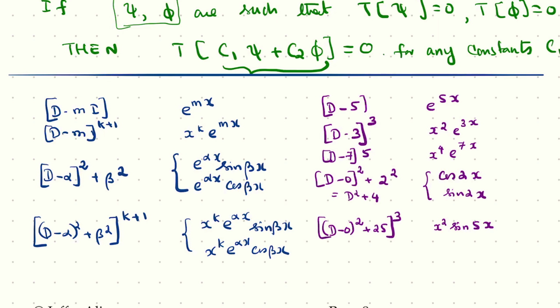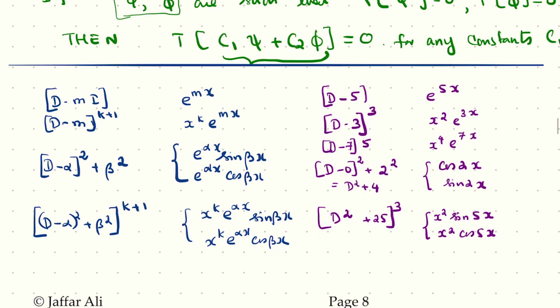So if you simplify, this is going to be (D squared plus 25) the whole cubed. And by the way, the same annihilator should work for x squared cosine 5x as well, right?